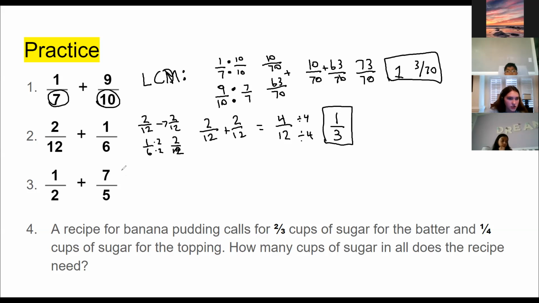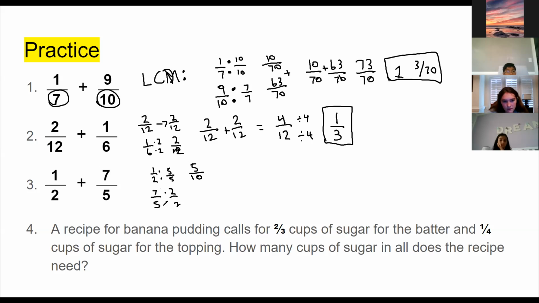For the third question, 1/2 plus 7/5. We do times 2 over 2, times 5 over 5. So 1/2 is 5/10 because 5 times 2 is 10.